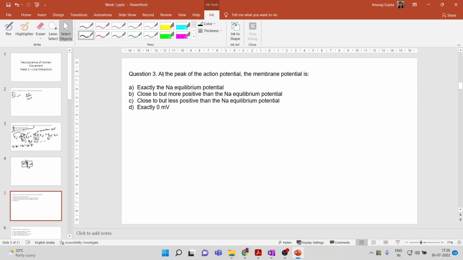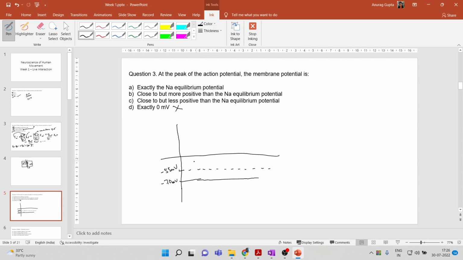First let us eliminate the obvious wrong option, which is exactly 0 millivolts. So this is wrong.